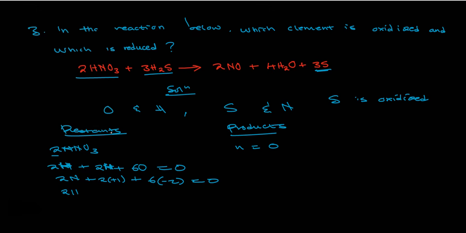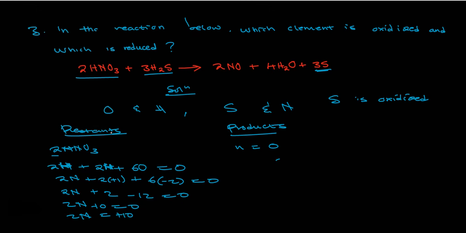So we say 2N. 2 times 1 is 2. 6 times negative 2 is negative 12. Is equal to 0. 2N, negative 12, we are having negative 10, is equal to 0. Negative 10, when it's crossed the other side, will be positive 10.